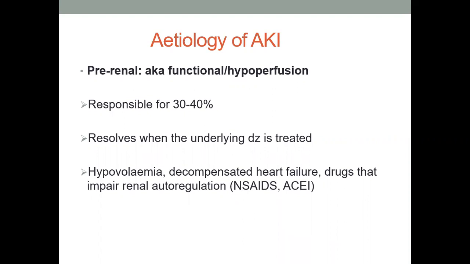For instance, if it's bleeding or hypovolemia, or the patient is behind on fluid, with fluid resuscitation most of the time the AKI also improves. AKI can be secondary to hypovolemia, acute decompensated heart failure, drugs that impair renal autoregulation, and all that. These are some of the causes of pre-renal.